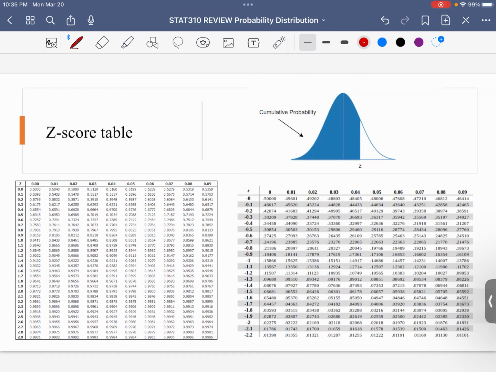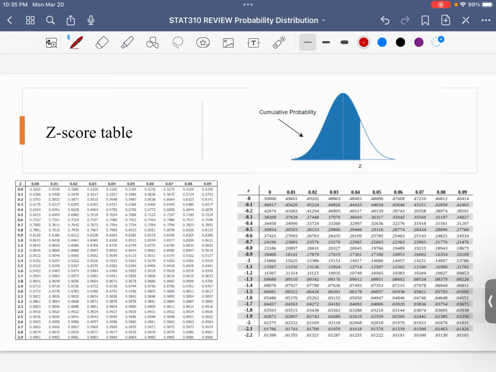Actually, there are different kinds of z-score table. So the first thing you need to check is the instruction, which is typically above the table.